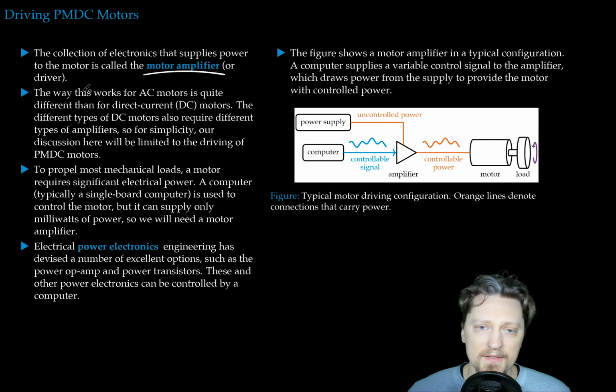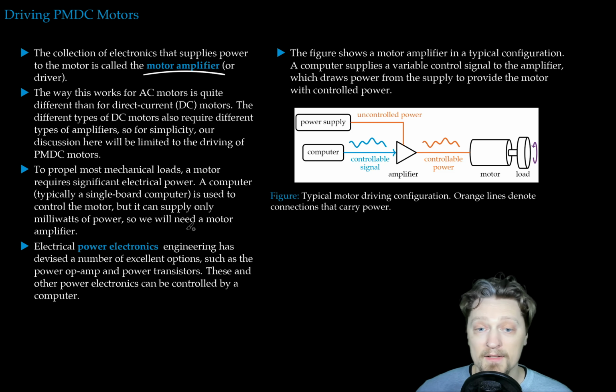So, for simplicity, our discussion here will be limited to the driving of PMDC motors, still a large class of motors. To propel most mechanical loads, a motor requires significant electrical power. A computer, typically a single-board computer, is used to control the motor in most cases, but it can supply only milliwatts of power, so we will need a motor amplifier.